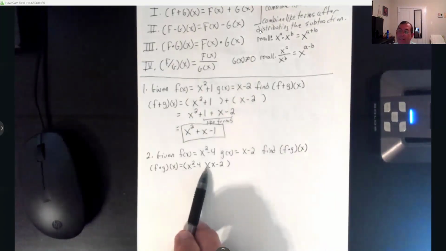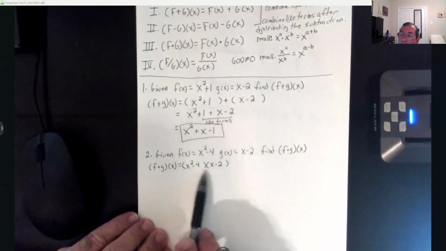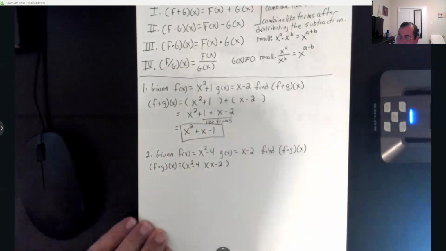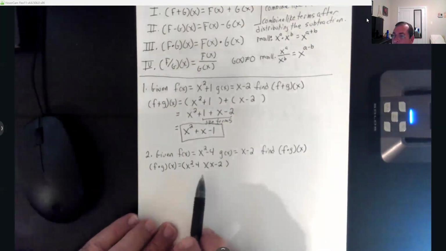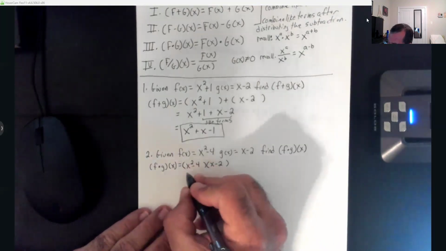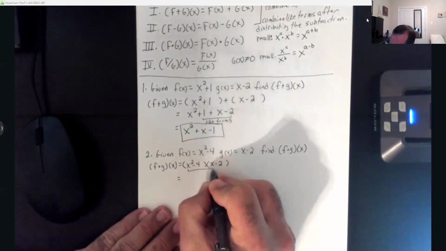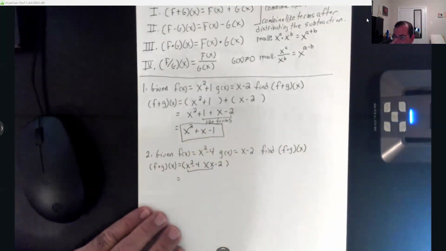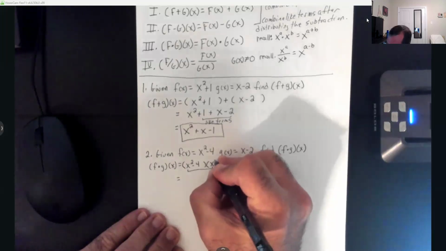Just remember, parentheses right next to each other also imply multiplication, okay? So this is where we're going to FOIL. Y'all remember that, right? With FOIL, you're just distributing things twice. We're going to multiply x squared times the x. Now remember, this x doesn't have an exponent, so you treat it like a 1.